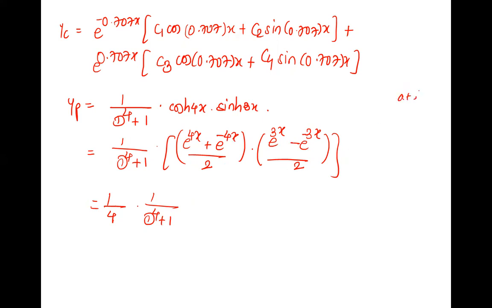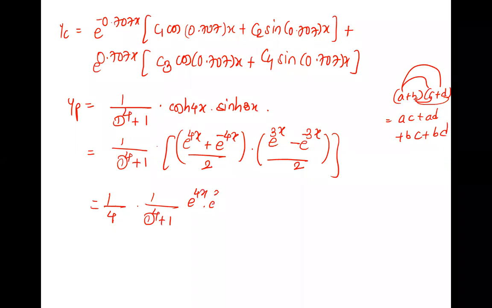Now, this into this. 2 into 2 is outside already. So a plus b into c plus d, we have to do this. That is ac plus ad plus bc plus bd. So we are doing that. 2 into 2 outside the box. E raised to 4x into e raised to 3x.